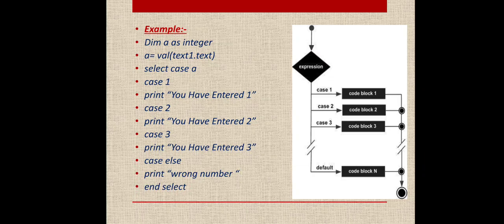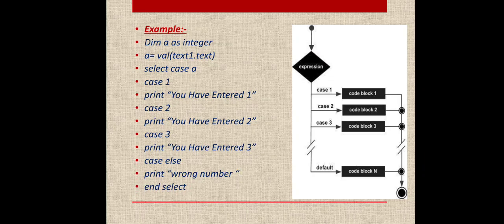If we put the value 2 in that text box, case 2 will get executed. That is, we will get the message you have entered 2. For example, if we put some value other than 1, 2, 3, that is 5, 6, 7, 10, 100, we will get the message wrong number.